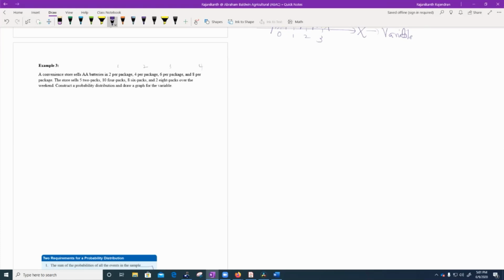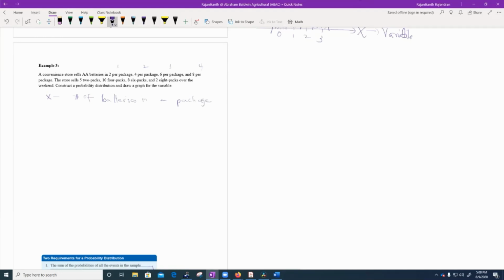Okay, so now let us first define our variable x. I'm defining my x as the number of batteries in a package. Remember, I have 4 different values, right?